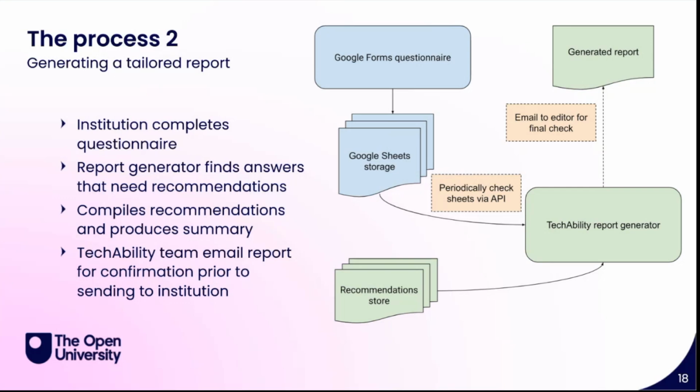The system then took both the recommendations themselves and the summary, created a Word document, and emailed the Techability team. This allowed them to have a final check of the report prior to sending it on to the institute. So next slide, please.